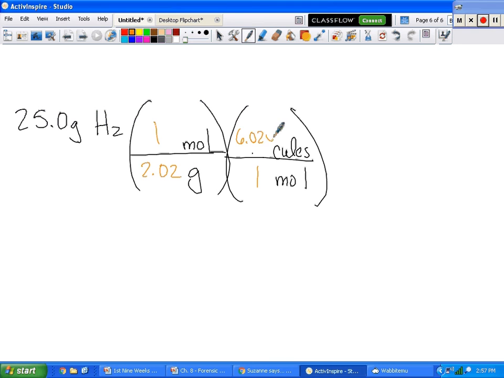Now, I want you to practice calculating this before I give you the answer. I want to make sure that you can do this in your calculator. This is a little bit more challenging than the ones we've done in terms of pure calculator issues.